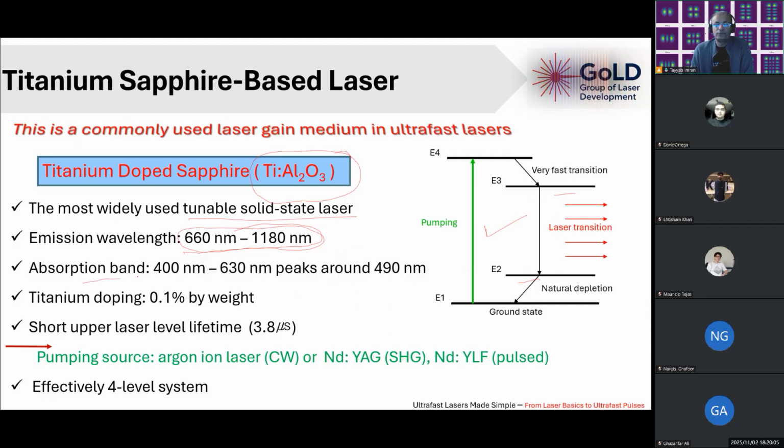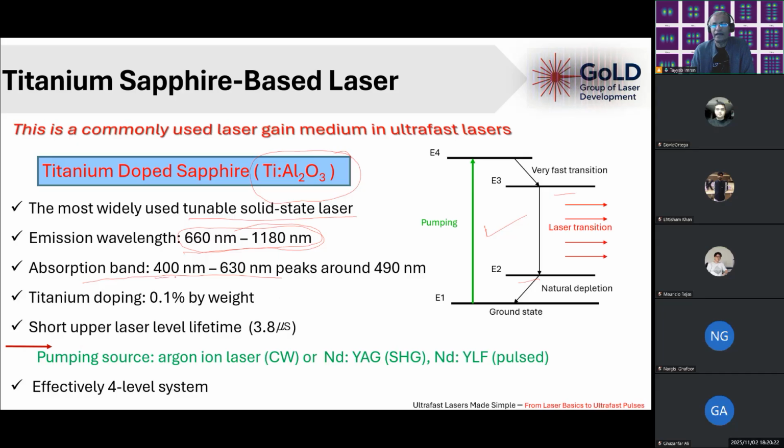And the absorption band is very important. If you remember the beginning lectures, the absorption band is important in the sense that the pump we use has to be according to that band.